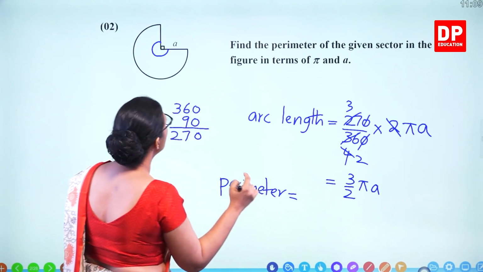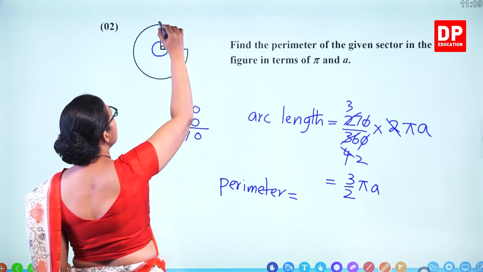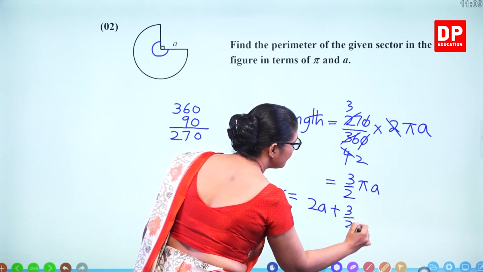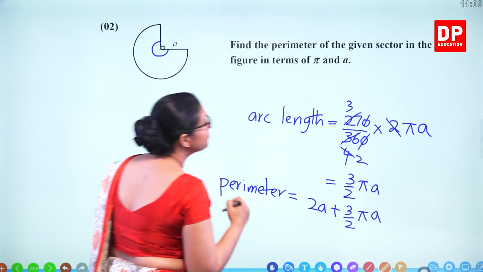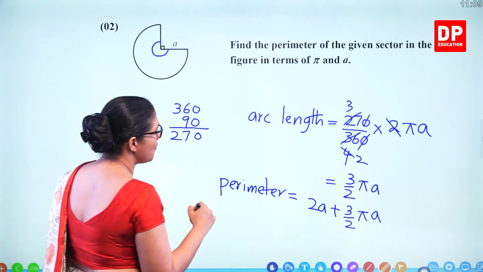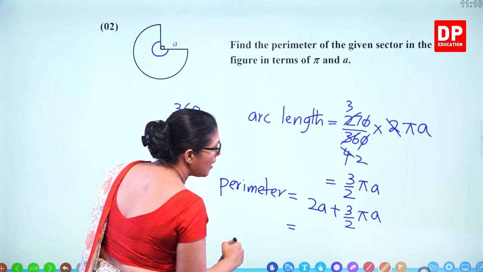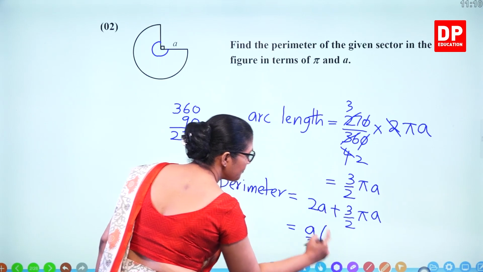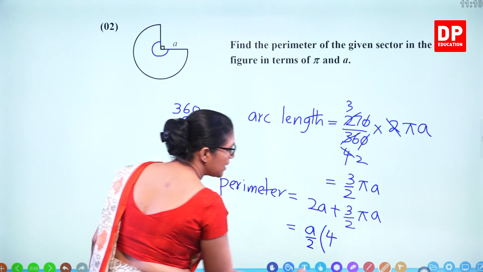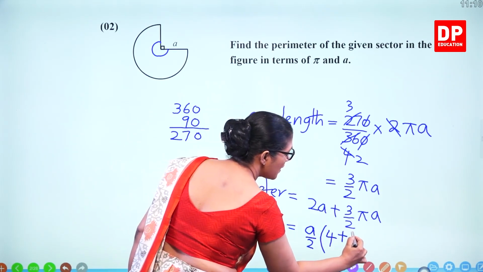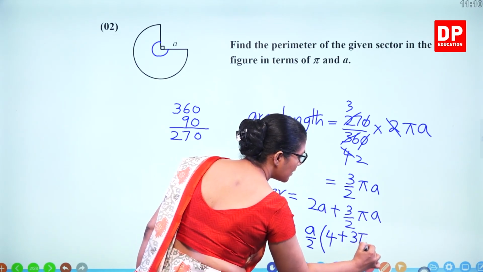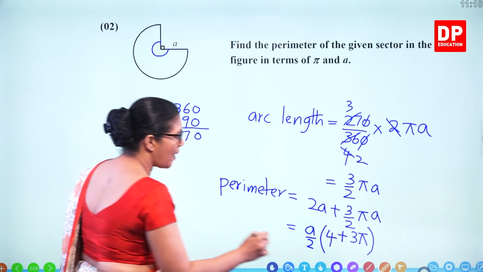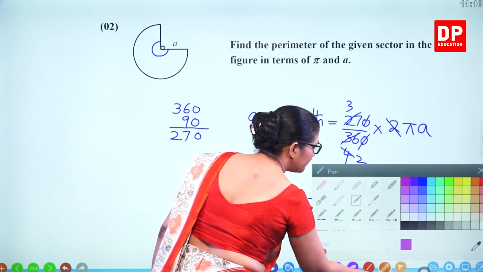Perimeter is equal to a and a, you have to add 2a plus the arc length. So what's the value? We'll take a over 2 out. That means 4 you get here. 4 plus 3 pi. That's the perimeter in terms of a and pi. So 2 marks for that.